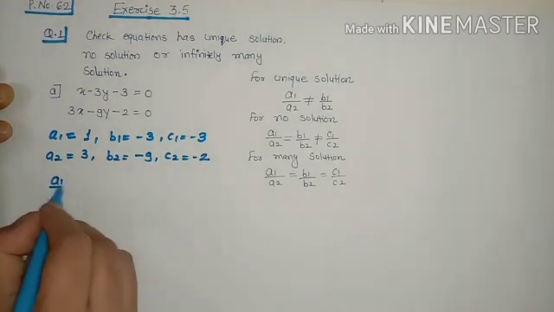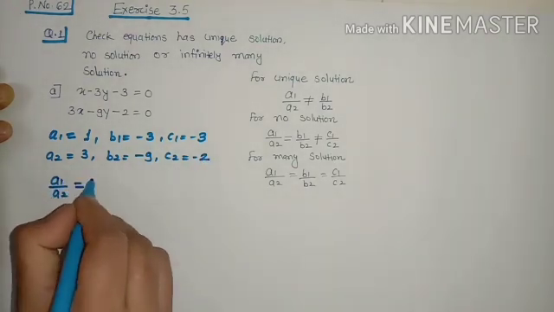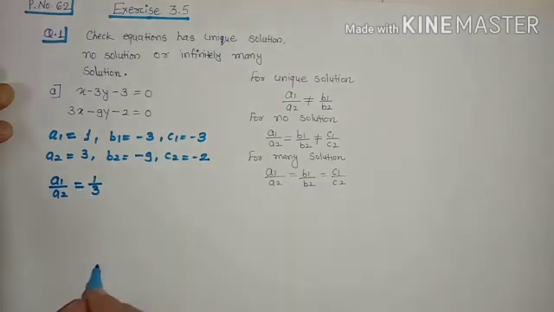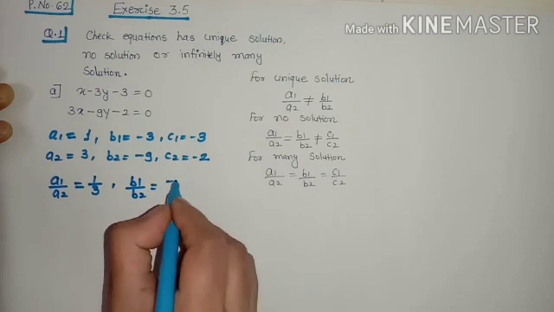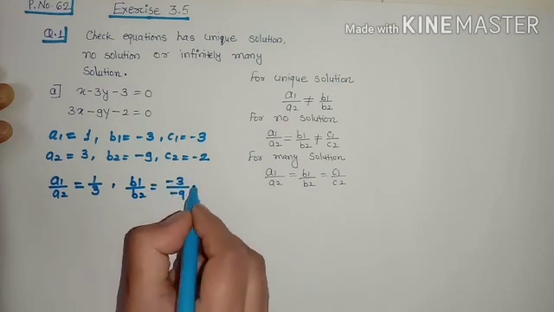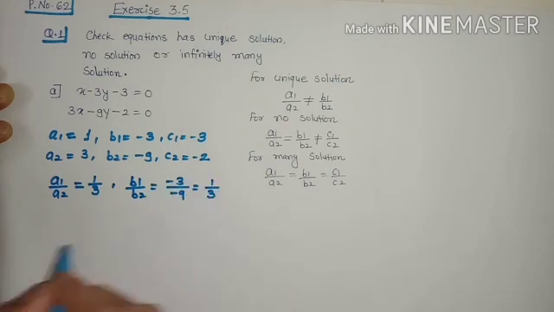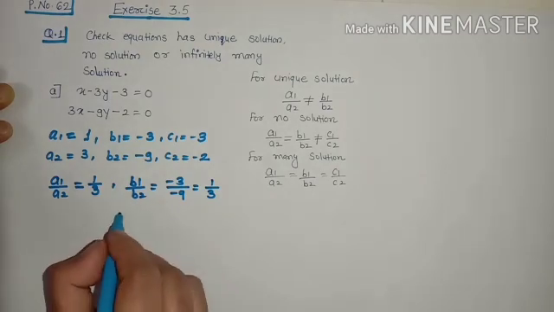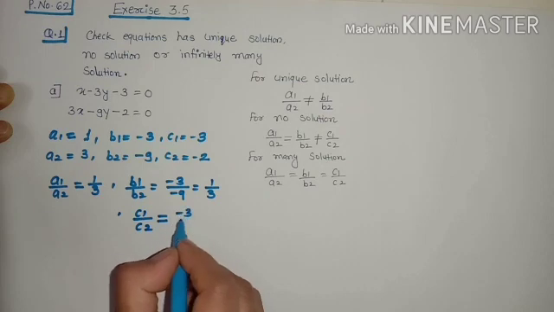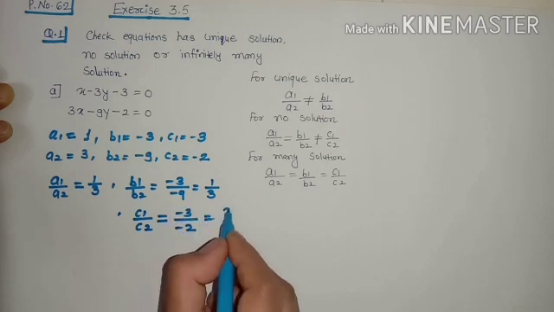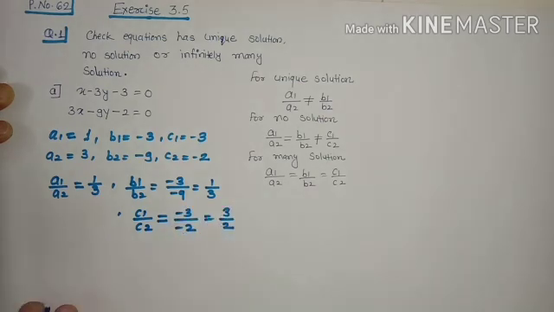Then we will find a1 upon a2 which is equal to 1 upon 3, b1 upon b2 equals minus 3 upon minus 9 which is equal to 1 by 3. And after that we will find c1 upon c2 which is equal to minus 3 upon minus 2 which is equal to 3 upon 2.